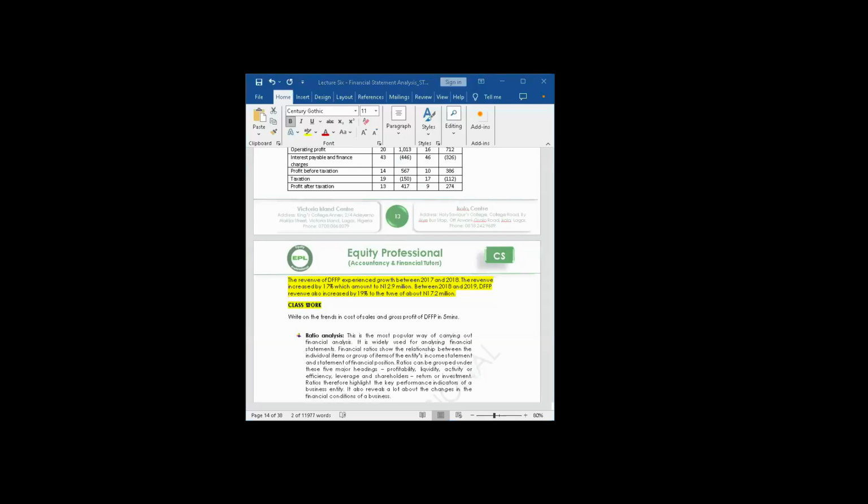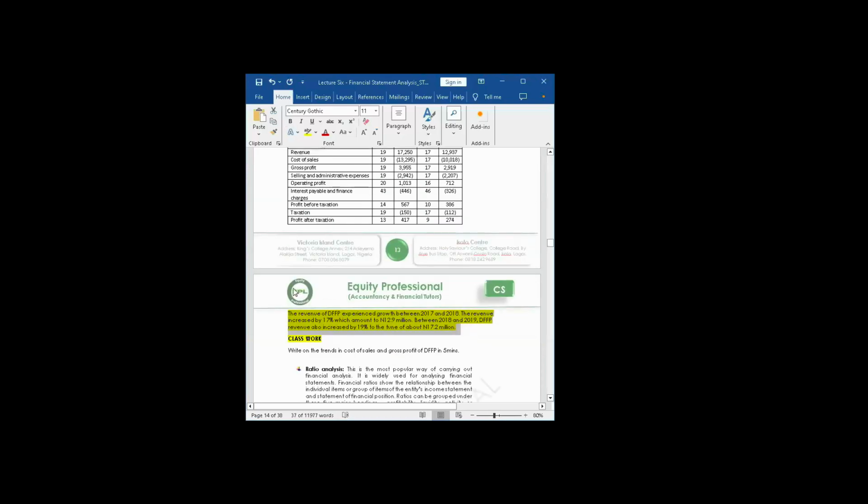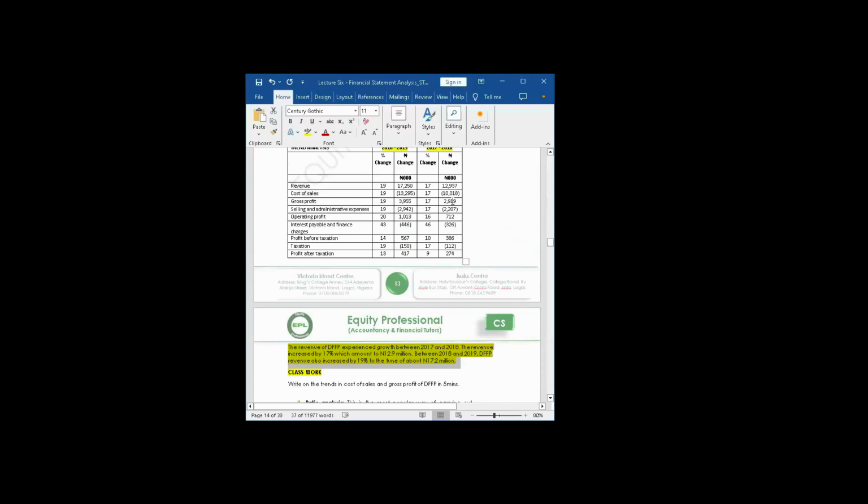I'm reading in the comment section. So what you will do, you don't need to write so much. Just follow the way I have written this. Just say that the gross profit of DFFP, because this is an increase, has increased by 17% from 2017 to 2018, to the tune of about 2,919,000 naira.